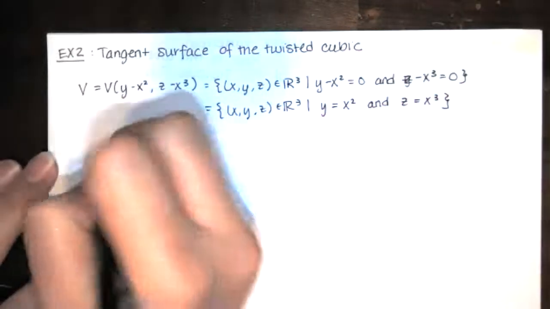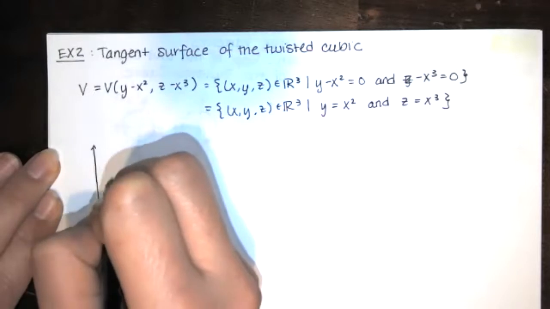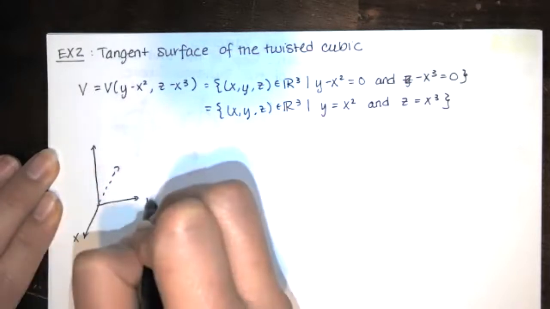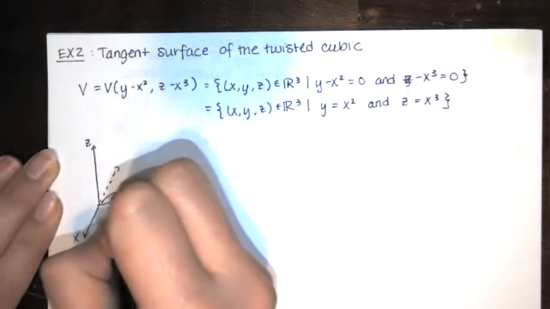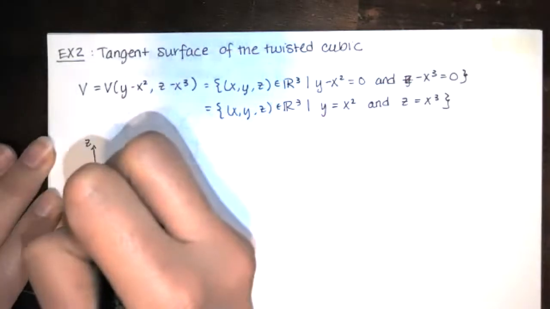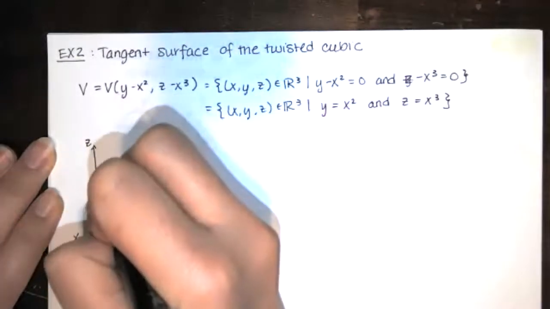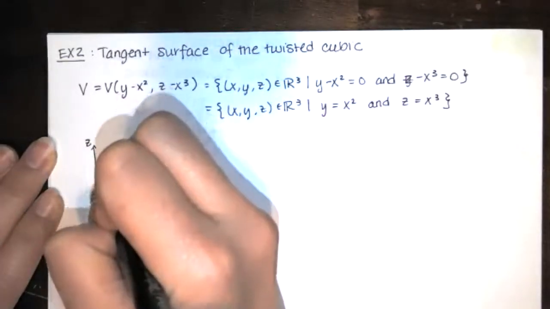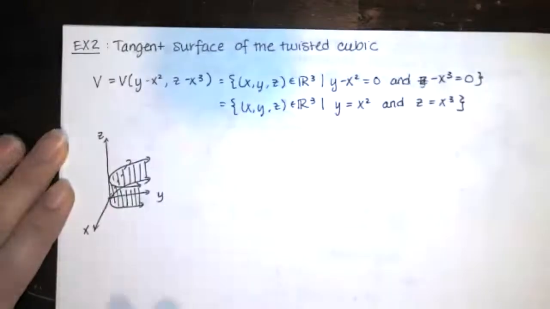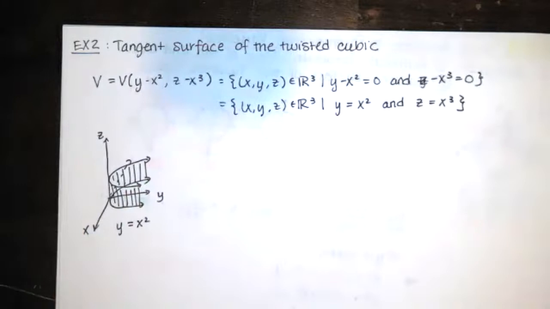Now this is a parabola in the xy plane. But z is free to be anything, so we're going to see that parabola again for different values of z. So that is the best sketch I can give you for y equals x squared.